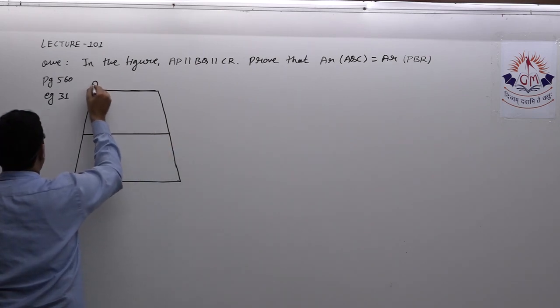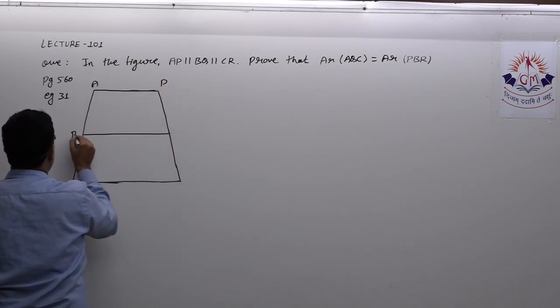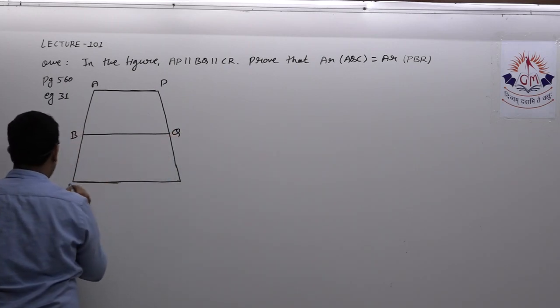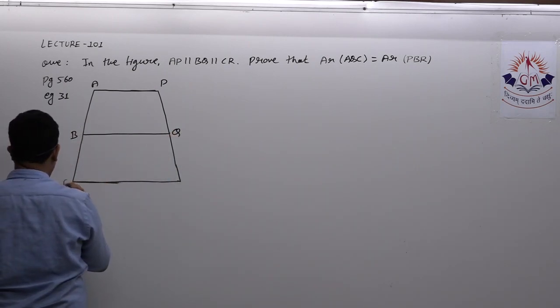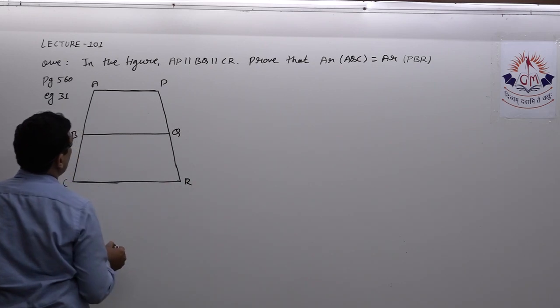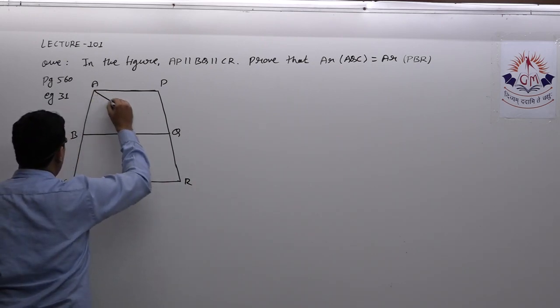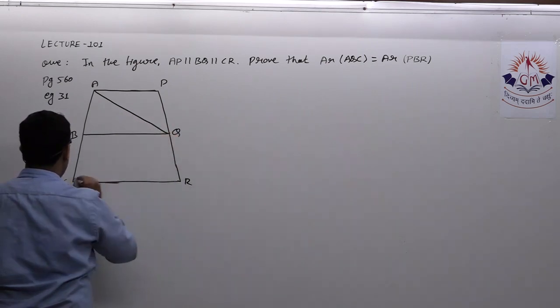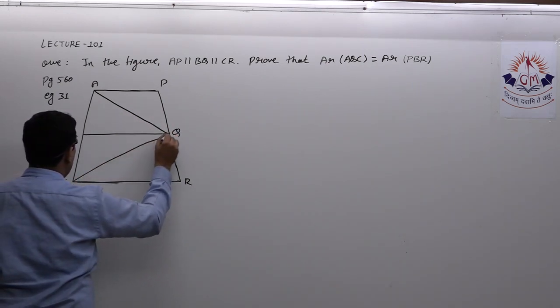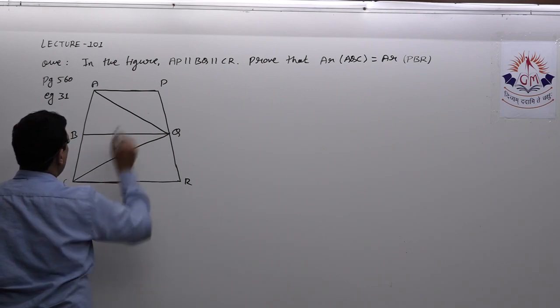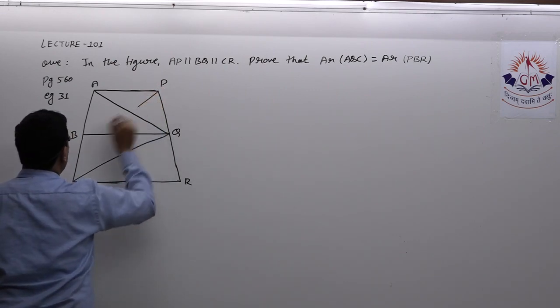It is given AP parallel BQ parallel CR. We have to prove area triangle AQC is equal to area triangle PBR.